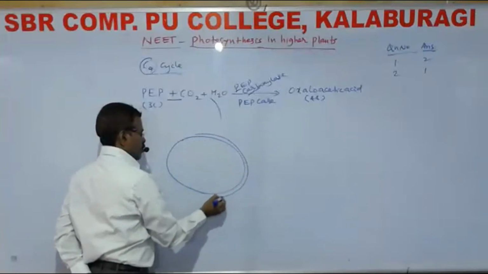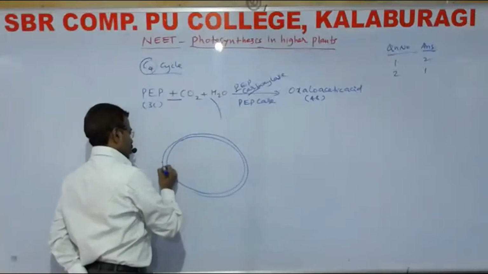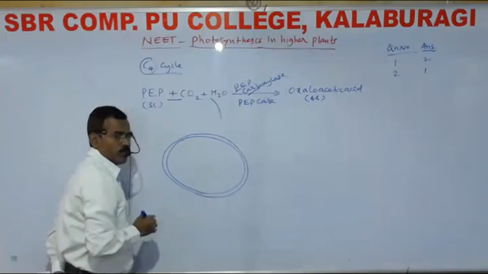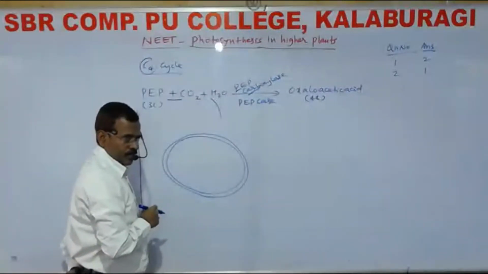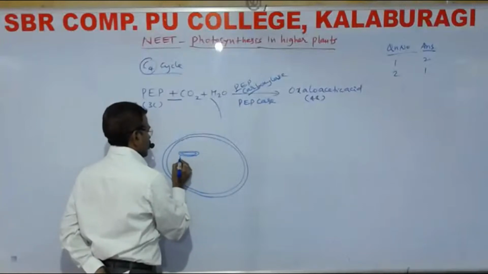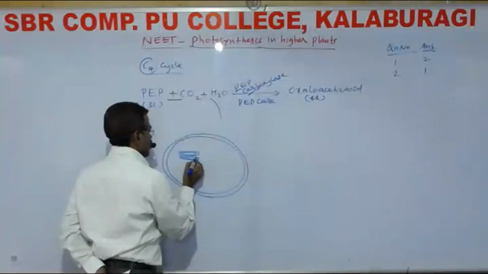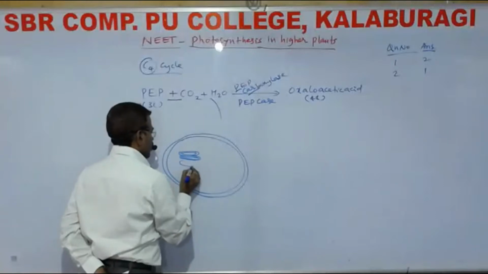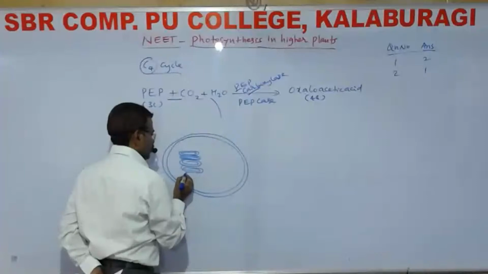This is the double membrane bound cell organelle. That cell organelle is the chloroplast.